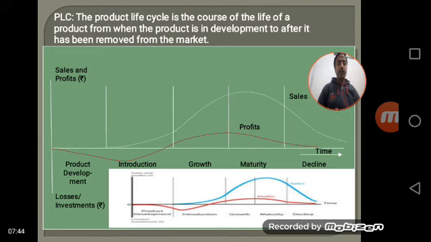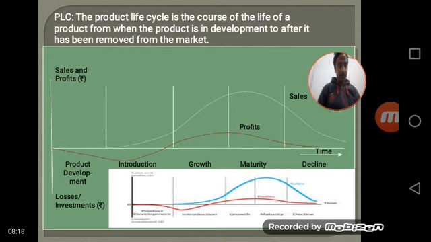So a huge amount of investment was done for developing the product, and in the introduction stage you start selling, but that cost is not yet recovered. Clear? Again I am saying that in the introduction stage you will start selling the product, but it still shows losses. Why? Because you are still not recovering the cost that you incurred in the first stage. That's why it is showing the losses.